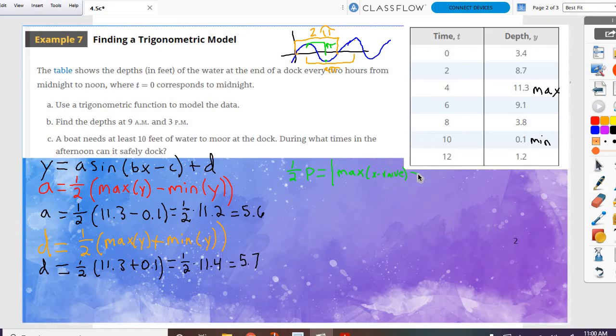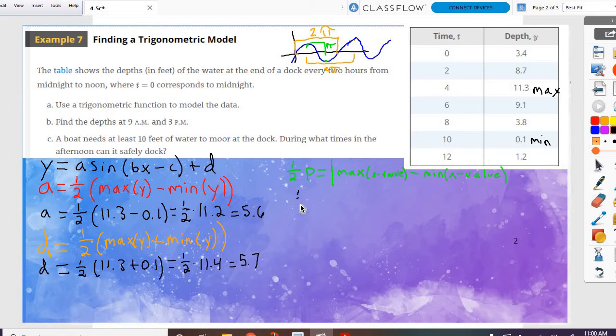And we're going to subtract the minimum, but again, this time using the x value. Because again, that's going to give us that distance between our max and our min, and we know that that distance has to be half the total period.